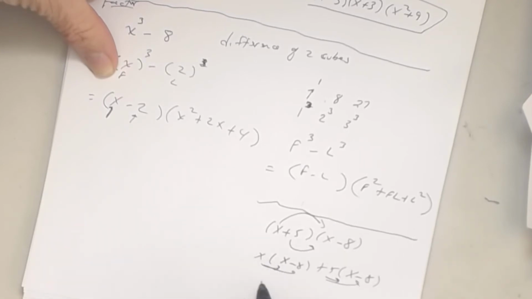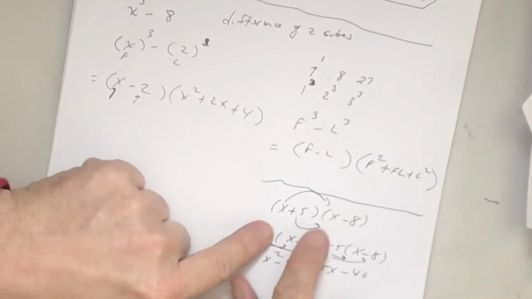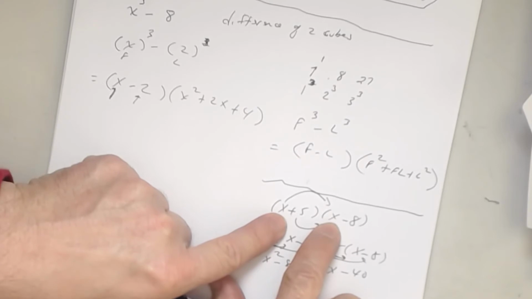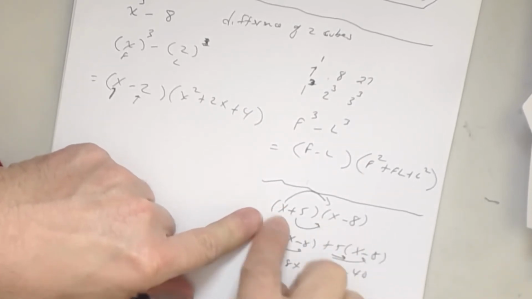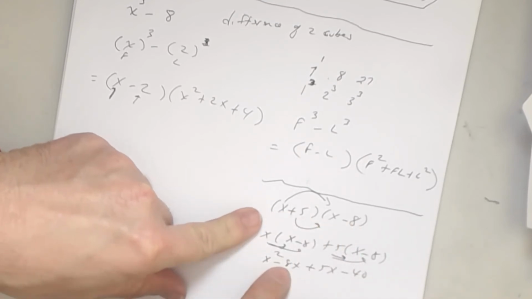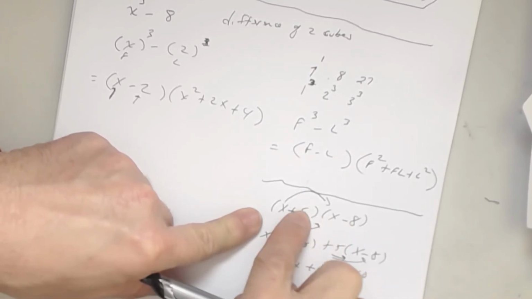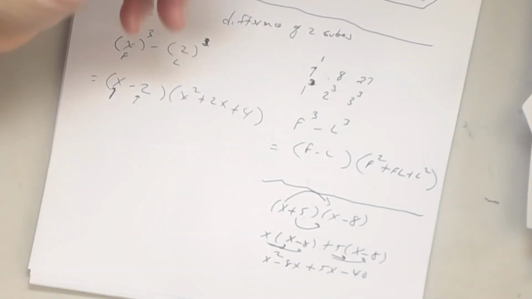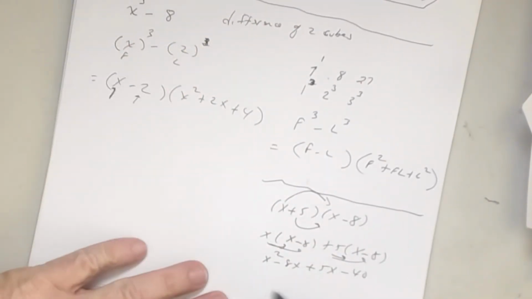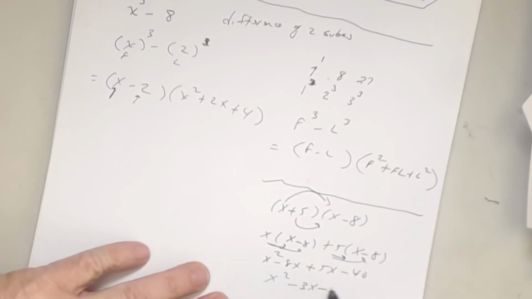So x times x, x times 8, 5 times x, and then 5 times negative 8. And I want you to notice that if I FOIL it, what's x times x? X squared. What's the outer? That's this right here. What's the inner? That's this right here. And what's the last? That's the FOIL. So you would get x squared minus 3x minus 40.